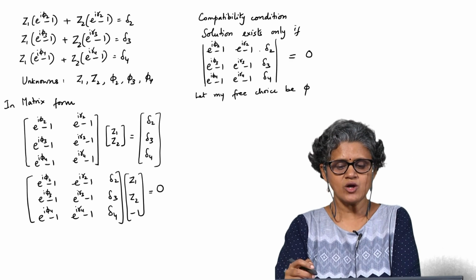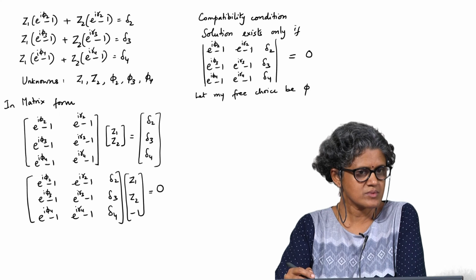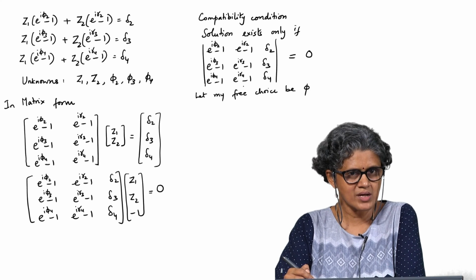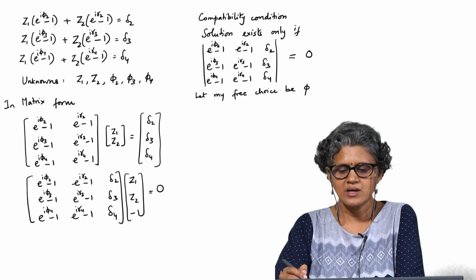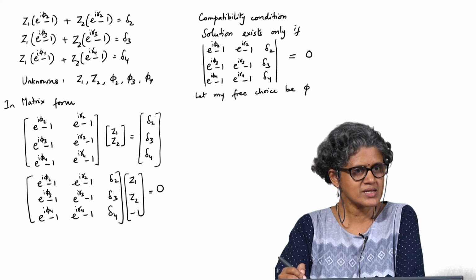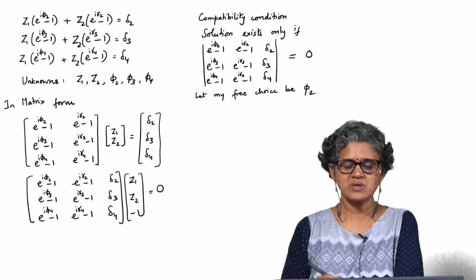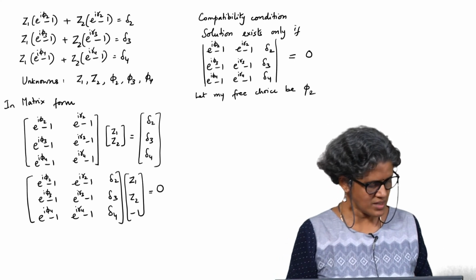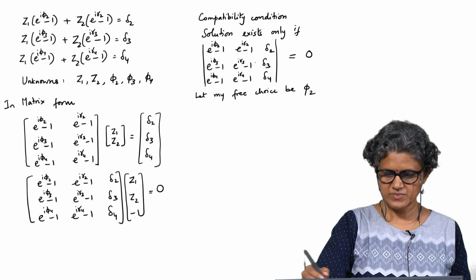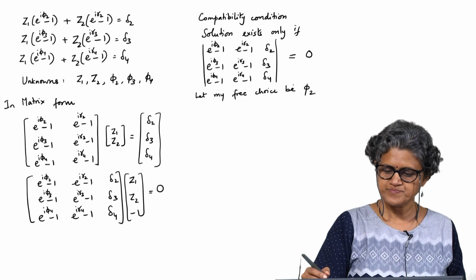So, in this the second column everything is known because gamma 2, gamma 3, gamma 4 are specified. Again third column delta 2, delta 3, delta 4 are specified. So, let my free choice be phi 2. So, I will expand about the first column. Okay.